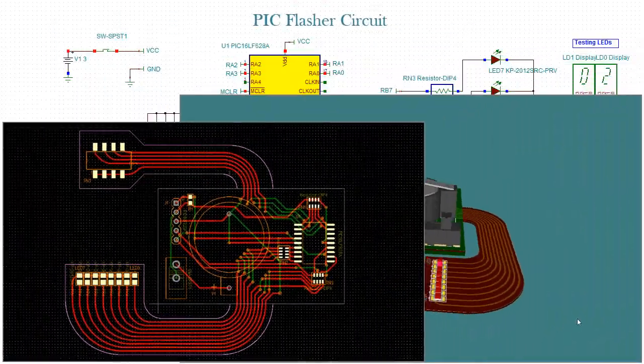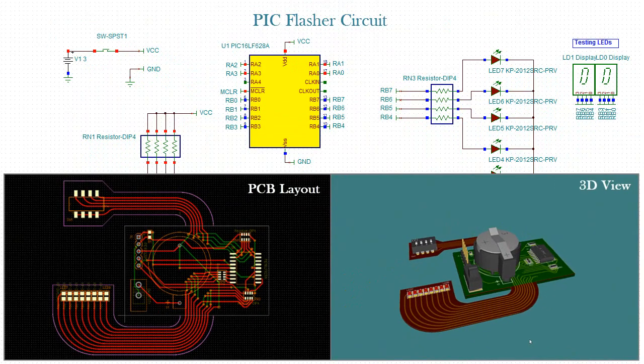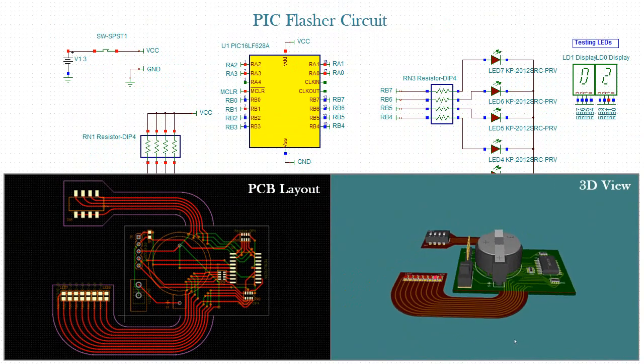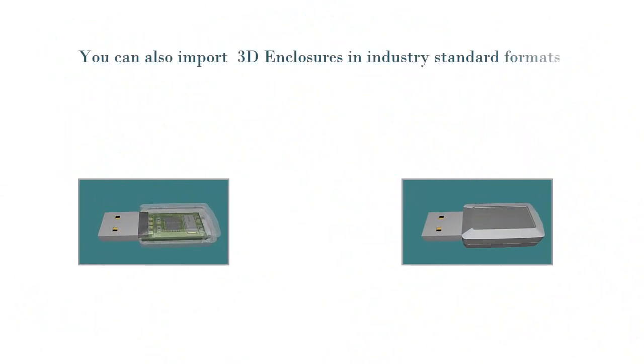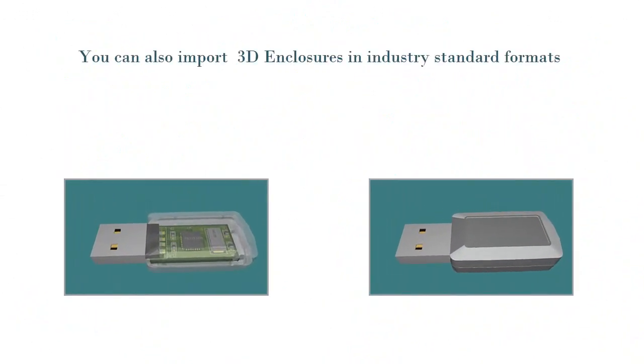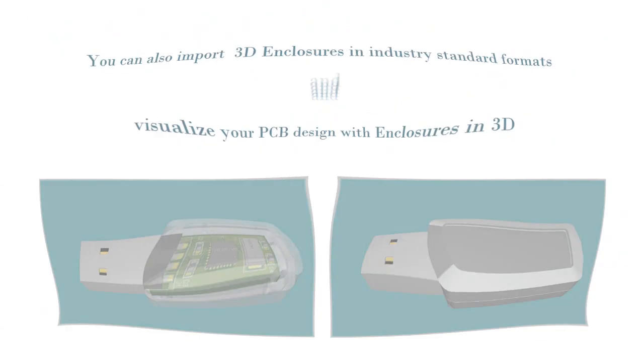For example, let's see the schematic diagram, PCB layout, and the 3D view of a flasher circuit placed on a flex PCB. You can also import 3D enclosures in industry standard formats and visualize your PCB design with enclosures in 3D.